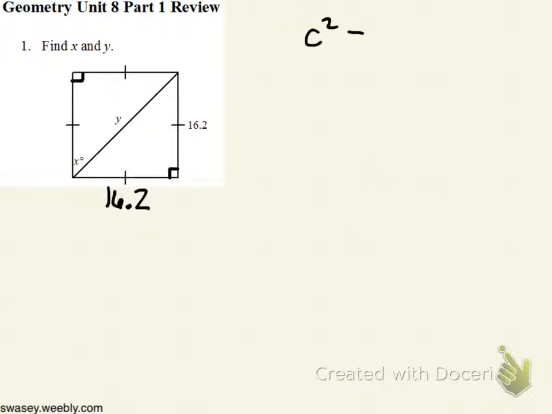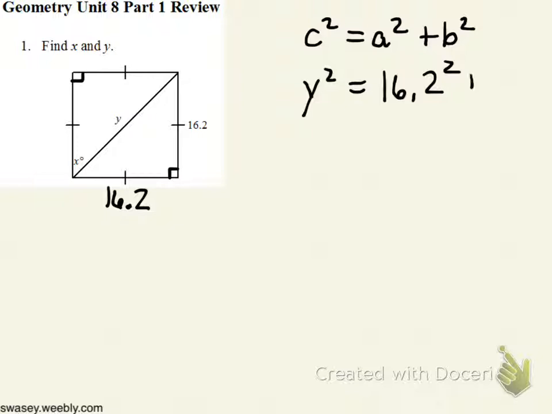Pythagorean theorem, c squared equals a squared plus b squared. So here we'll have the hypotenuse, which is y, equal to 16.2 squared plus 16.2 squared.